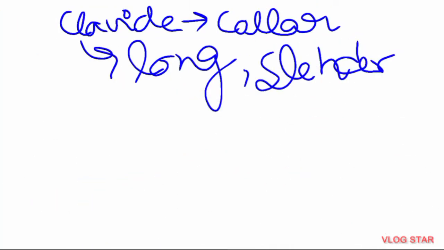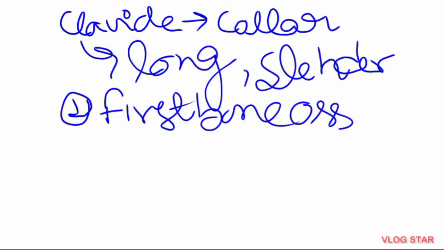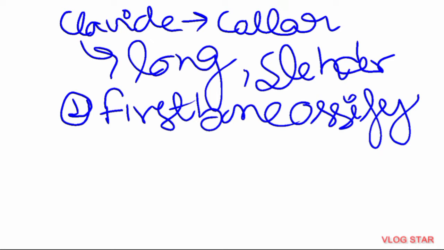Some peculiar features about the clavicle. The first feature, just notice what I am saying, these are very important. The clavicle is the first bone to ossify in the body. This is the first bone that ossifies when we are born. Which bone ossifies first in the body?